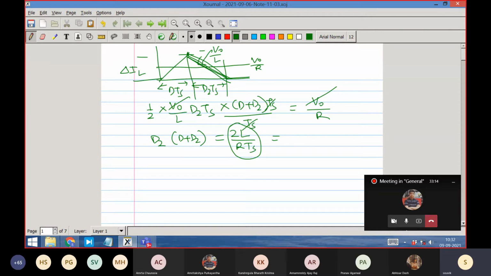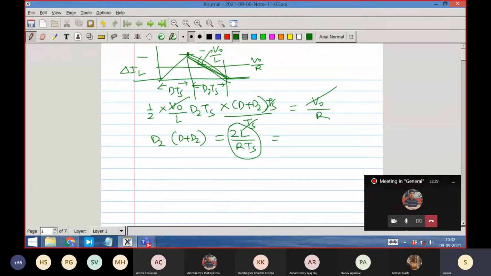If L increases, it goes towards continuous conduction. If R decreases, it goes towards continuous conduction. If Ts decreases, it goes towards continuous conduction. So they similarly affect the conduction condition of the converter. That is why it is called K crit, or critical conduction parameter.